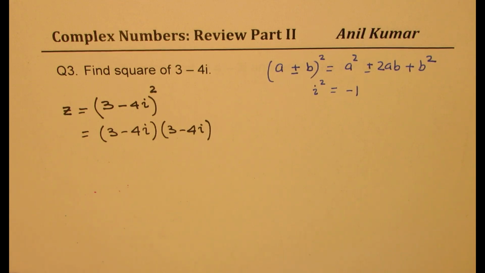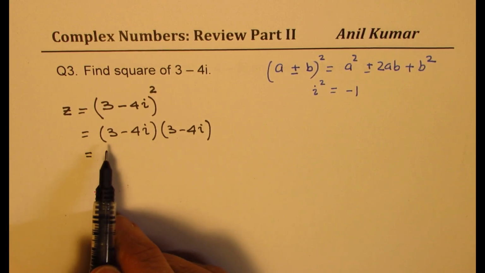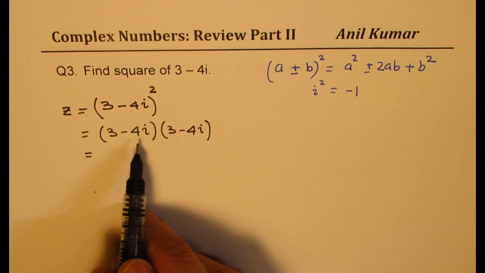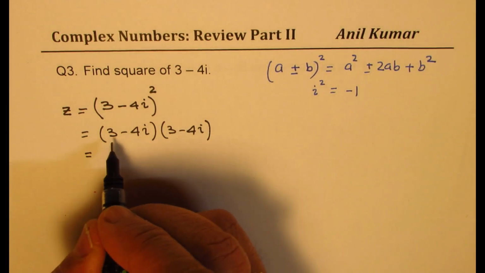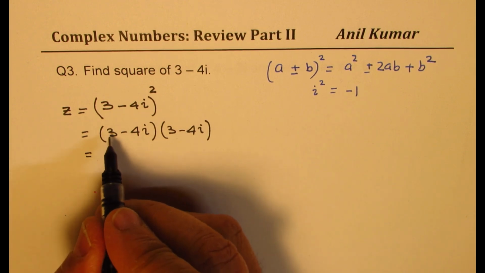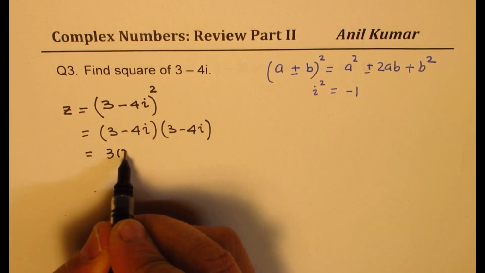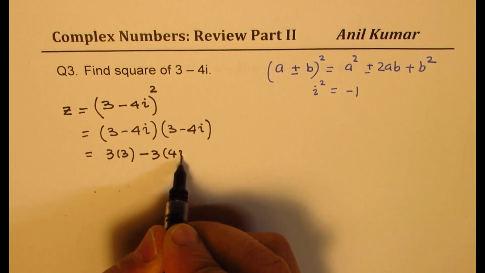So I'm going the long way. Square means multiply these two binomials, right, with the complex and real parts. So 3 times 3 will give us 9. So first you have to multiply with 3. So 3 times 3, and then minus 3 times 4i.